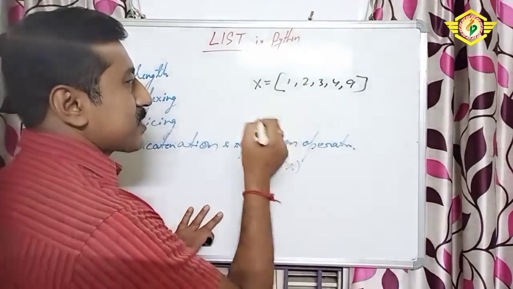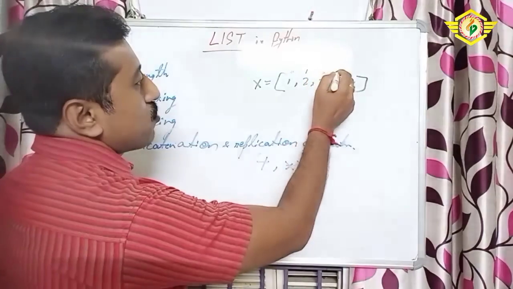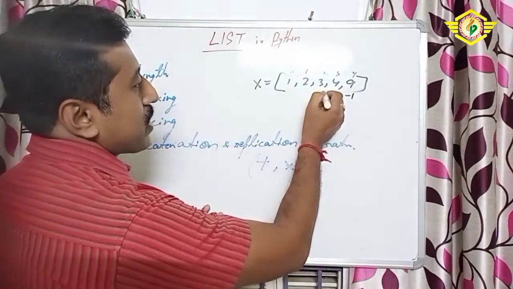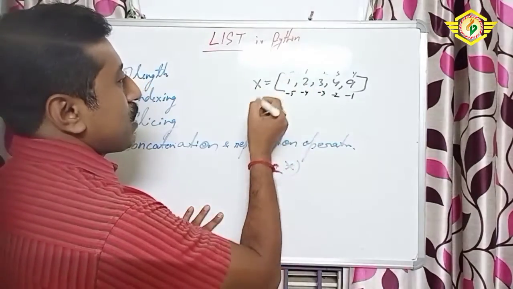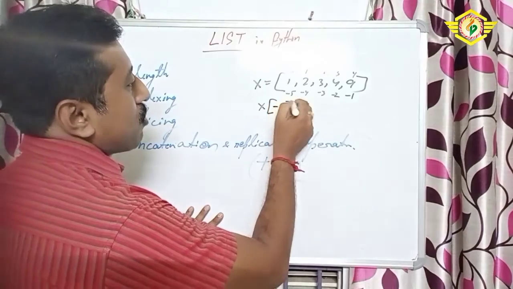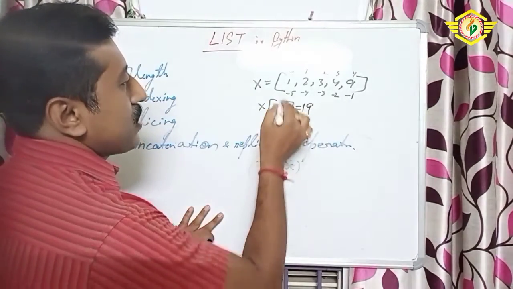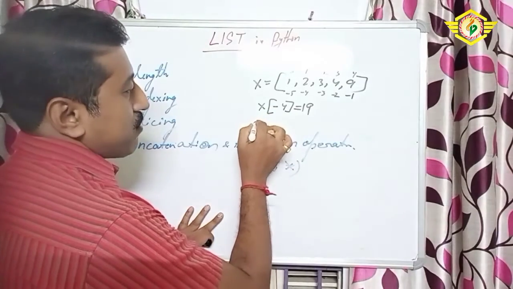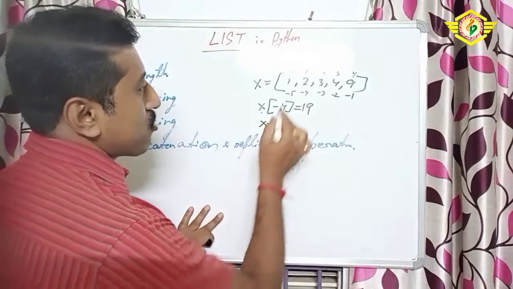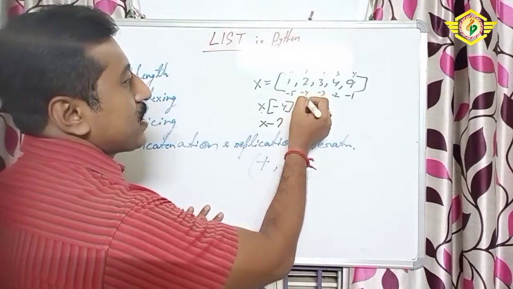Just like a string, the index numbers are 0, 1, 2, 3, 4, and in the similar way it will be -1, -2, -3, -4, -5. If I write x of -4 equal to 19, what will the output be? If I print x, the position -4 will be changed to 19.